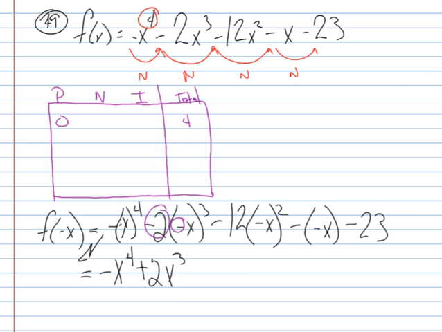Here I have a negative 12, and this negative is going to become positive because of the square, so that still stays a negative 12x squared. Here, straightforward, 2 negatives make positive, so it's a plus x. And then my minus 23, he's not going to do anything but just chill at the end.